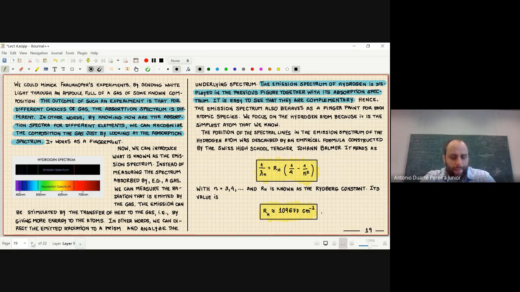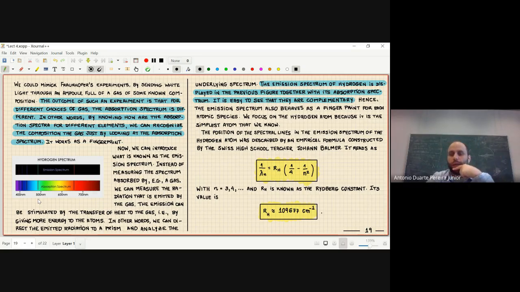But now you can ask, okay, so what? I know how to measure the absorption spectrum of some given radiation that passed through some material. And now you are telling me that I can measure the spectral decomposition of radiation emitted by some material.